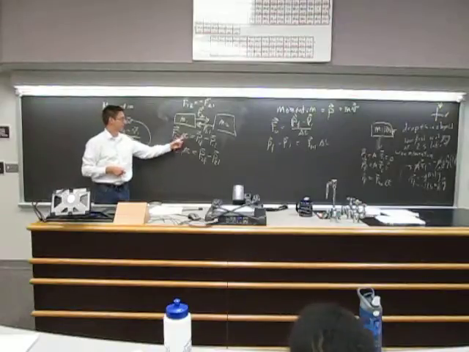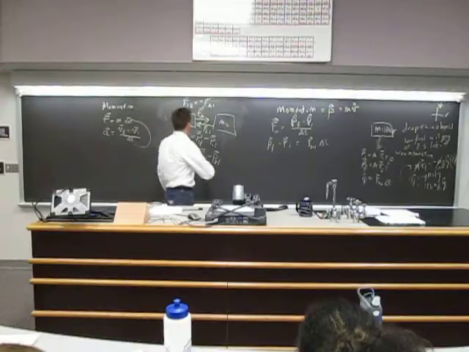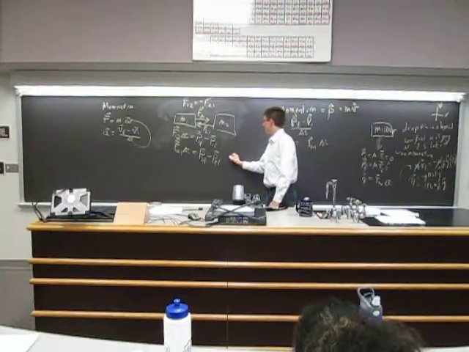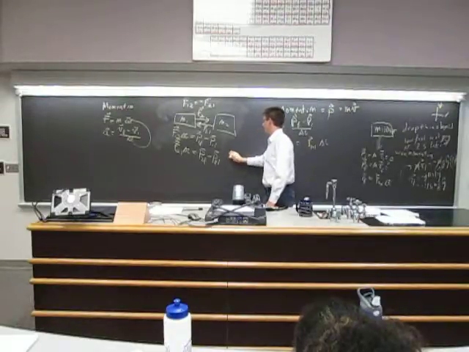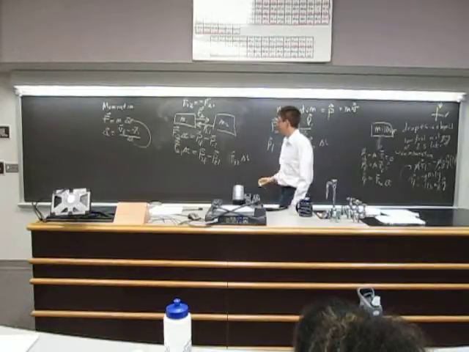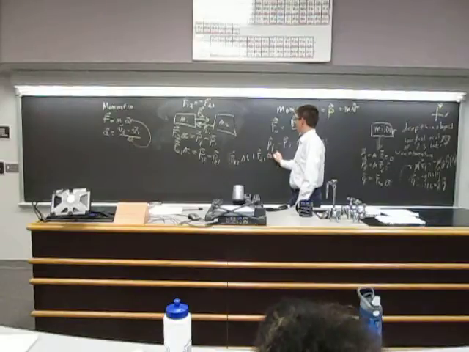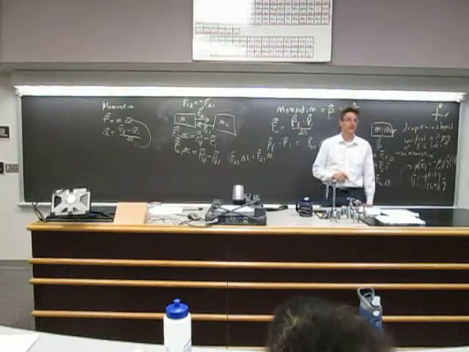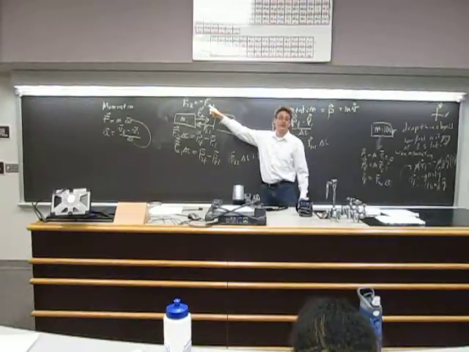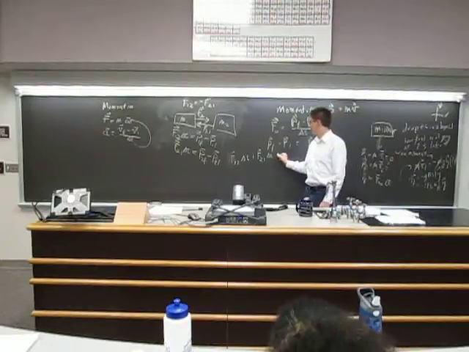So these times will be the same. Let's see what happens when I just write this out. So this means force on 1 by 2 times the time that it acts, plus force on 2 by 1 times the time that that force acts. What's this going to be using this? It should be 0, right? That's equal to 0.